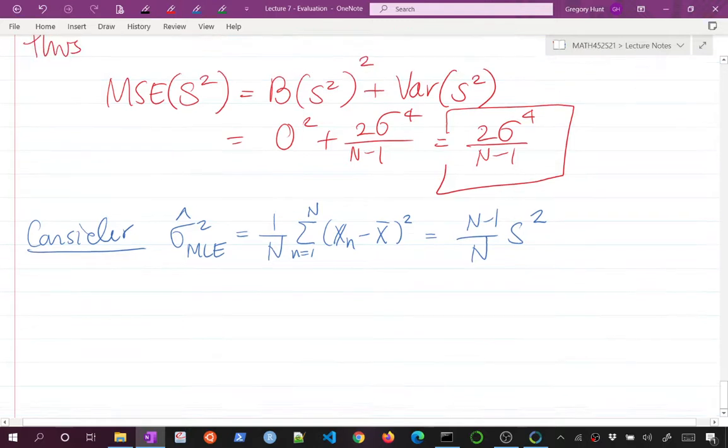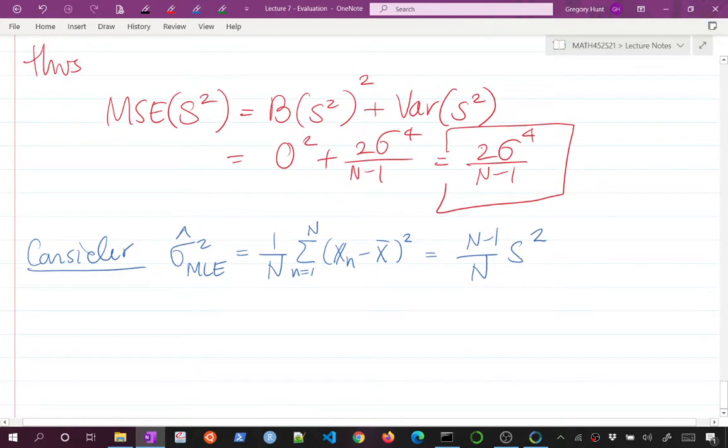So that's another estimator. If my data is normal, and I want to choose the one with the smaller MSE, which should I choose? Should I choose s squared, the one we're familiar with? Or should I choose this MLE, which is somehow simpler, has a 1 over n in the formula?